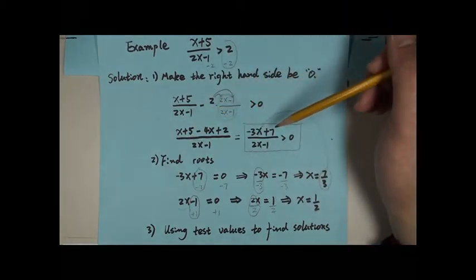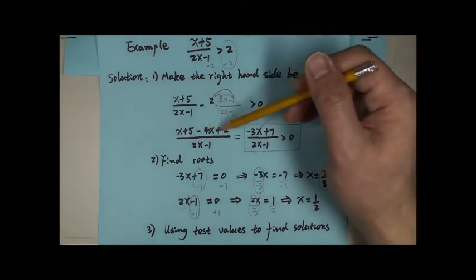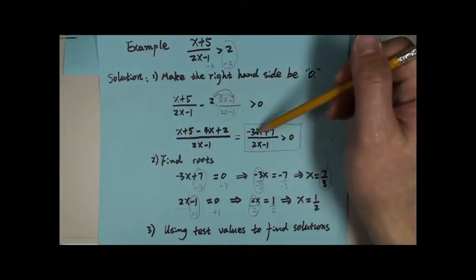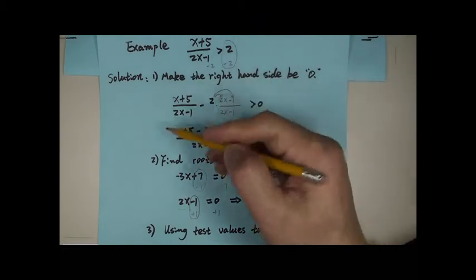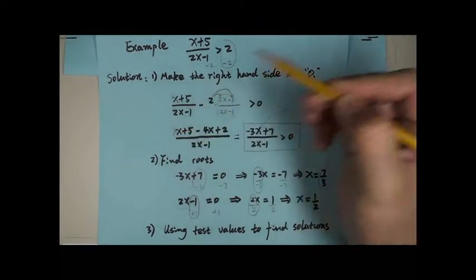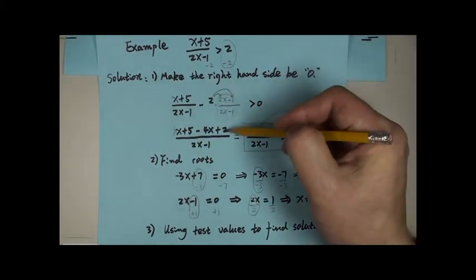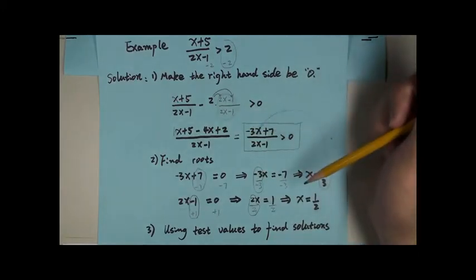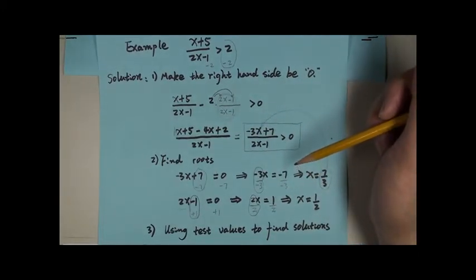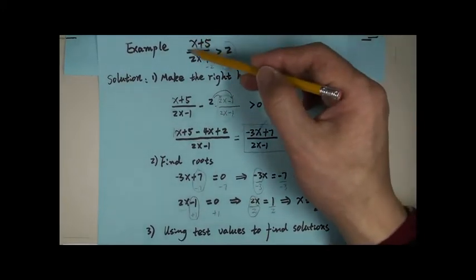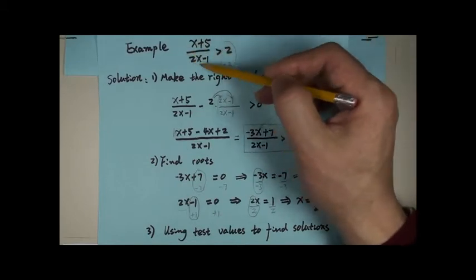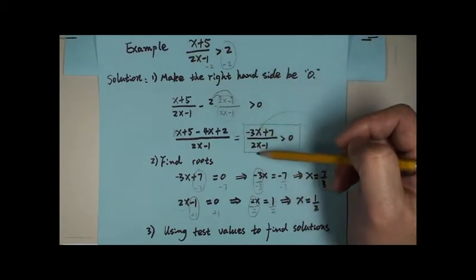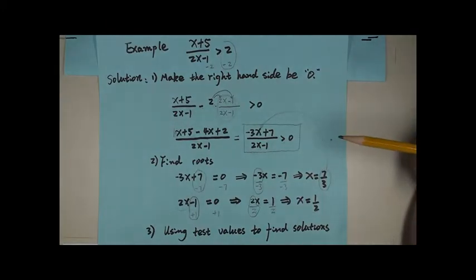Now negative 4x with x is negative 3x, because here is positive 1. 2 with 5, that's 7. So you have converted this inequality to this one. This is what we want to solve.